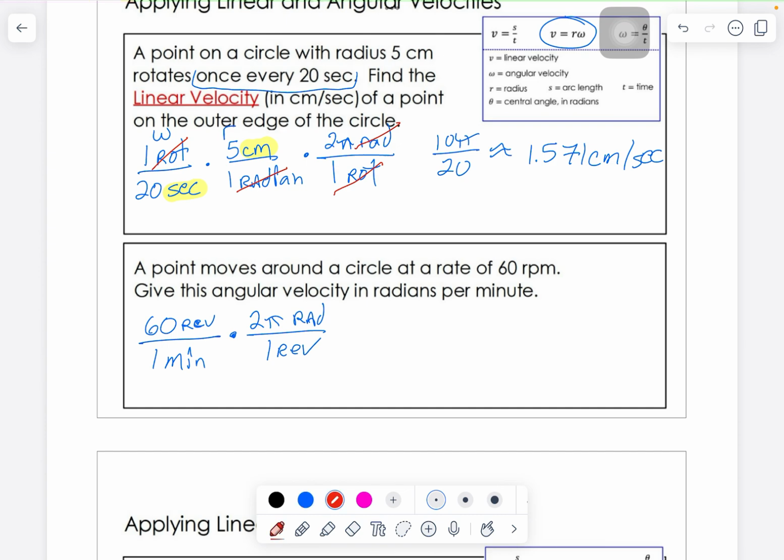Okay. Revolutions cancel out, and I multiply and get 120 pi radians per minute, or if I, again, use my calculator, I get about 376.99 radians per minute.